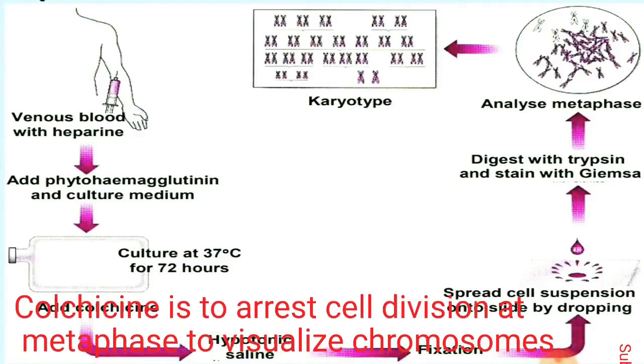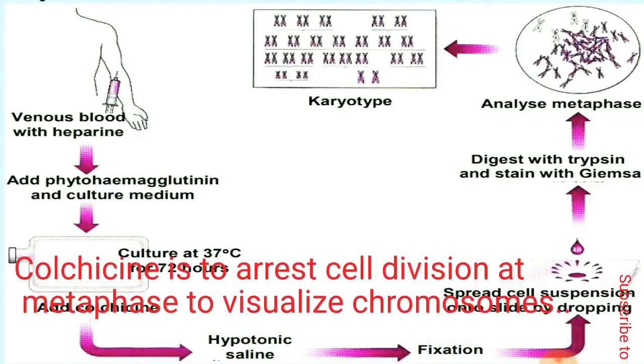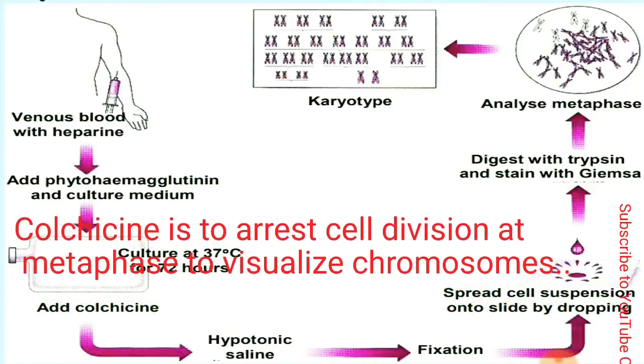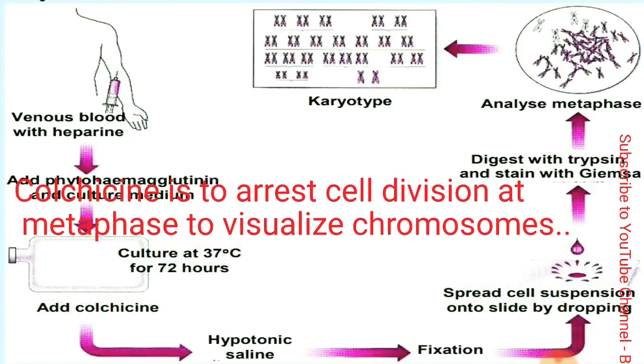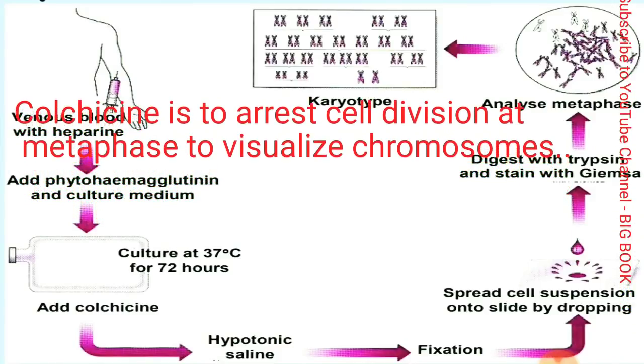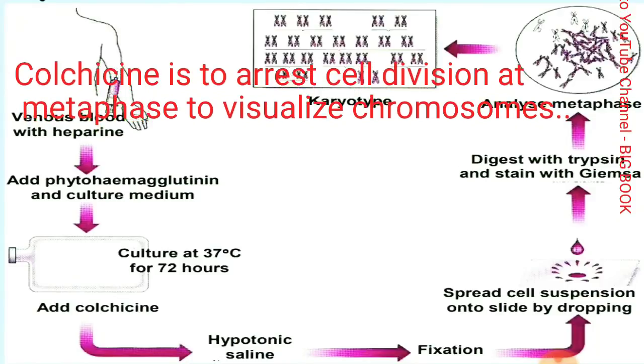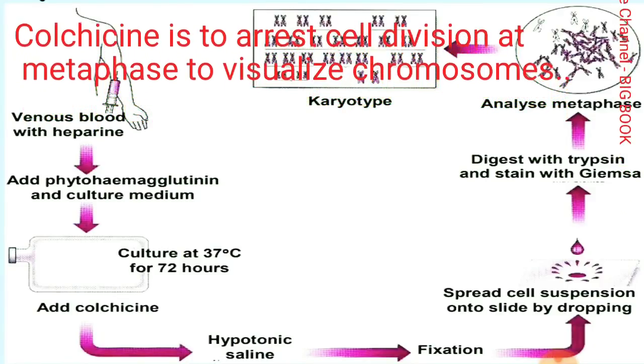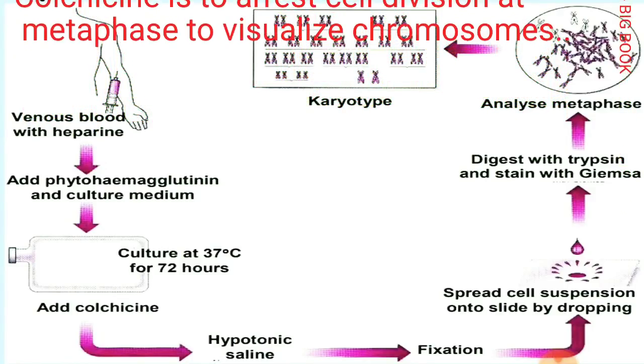Colchicine is one to which lymphocyte culture cells are exposed to arrest cell division, especially at metaphase, to visualize chromosomes. This colchicine is going to arrest the cell division.